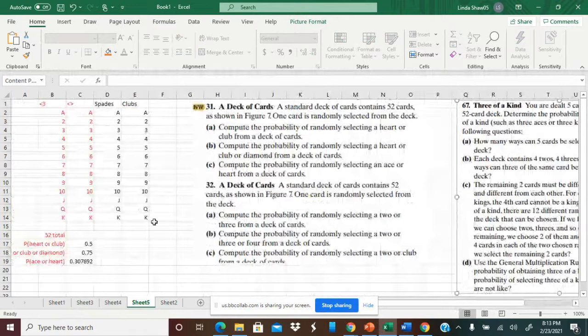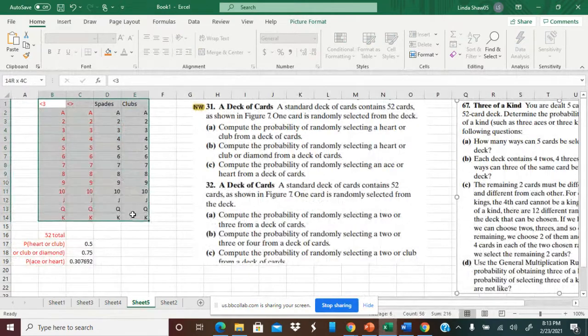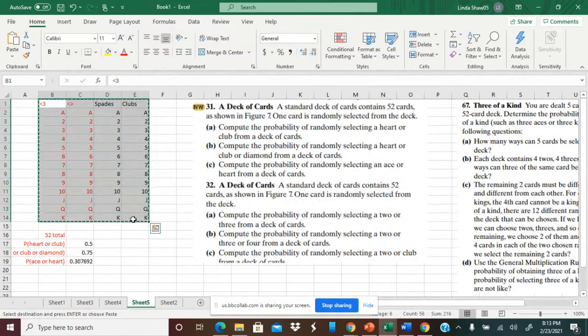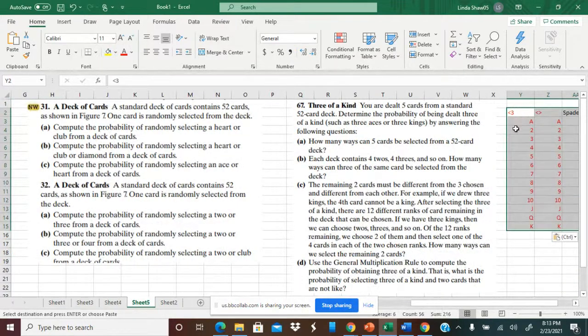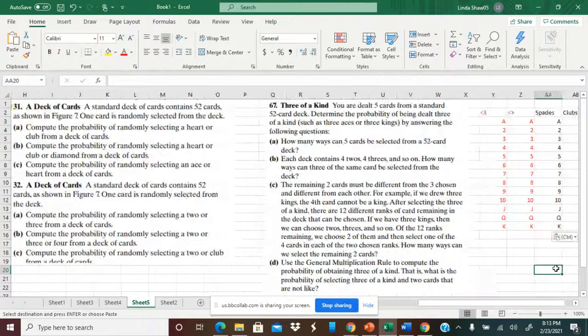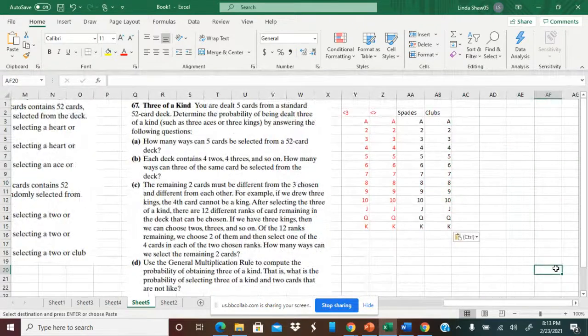But we're going to do this 3 of a kind problem first, Kathy, and then we'll talk about that. That's called conditional probability. And so we'll talk about that. And I do have problems here about that too.